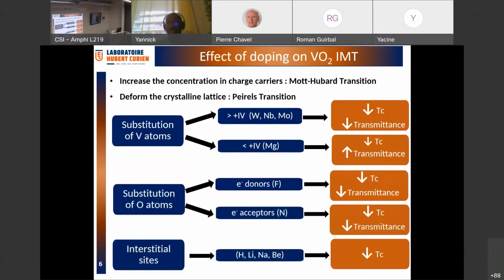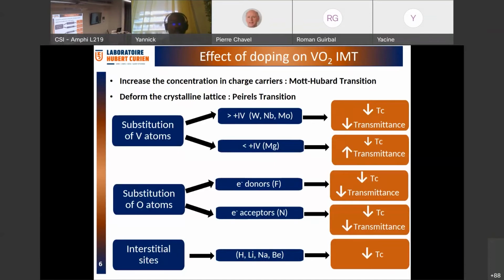When we dope our vanadium dioxide, we increase the concentration in charge carriers, so we play with the electron-electron transition, and we also deform the crystalline lattice, so we play with the electron-lattice interaction.